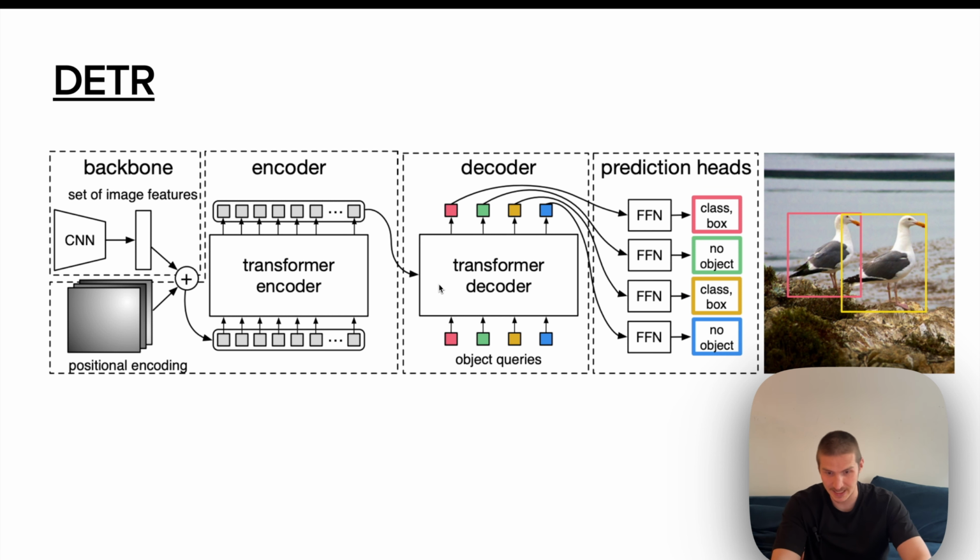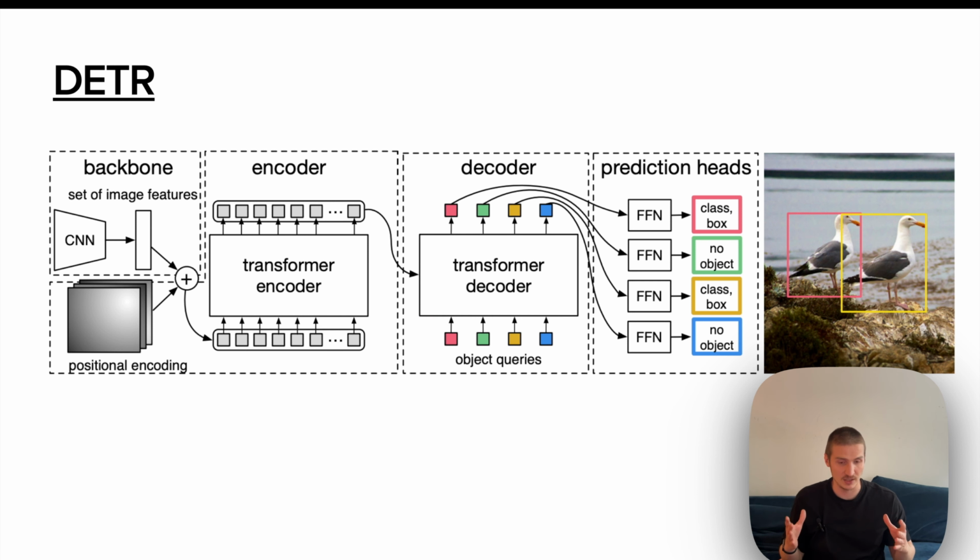So the decoder basically maps this sequence that had the same shape as the original image, or downsized version of the image after the backbone, into the actual object predictions. To do that, we start with some object queries, for example, 100 of them.